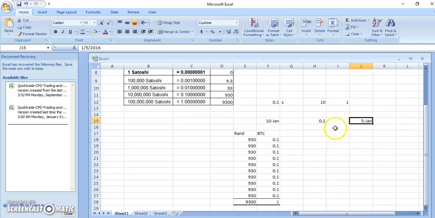So what I just wanted to show you is 1 over 5, 1 divided by 5. That can also be a portion of a Bitcoin. So if you had that, and then you had another 1 over 5, and another 1 over 5, and another 1 over 5, I have 1, 2, 3, 4, plus another 1 over 5.